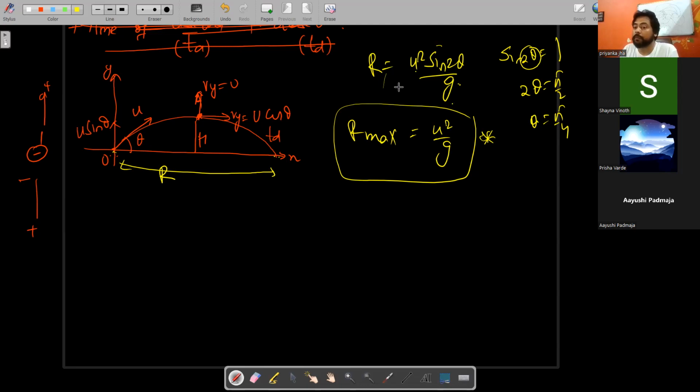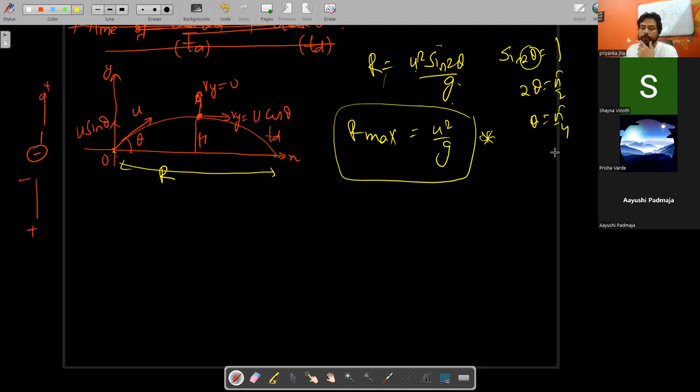So this range would be maximum when sine 2 theta is 1. The maximum value of sine is 1, and sine takes maximum value when the angle is pi by 2. So 2 theta would be equal to pi by 2, so theta must be equal to pi by 4. So if you throw the ball at 45 degrees with the horizontal, it will cover the maximum distance along x-axis, right?